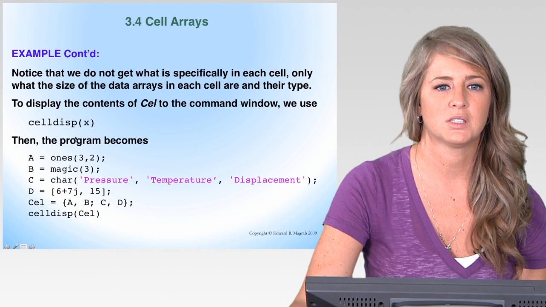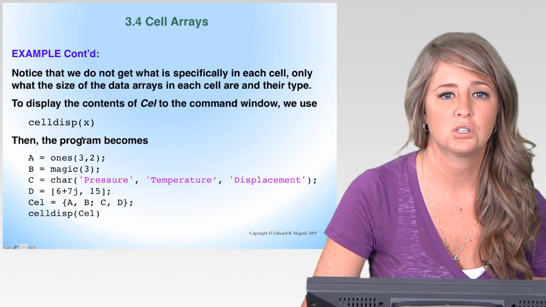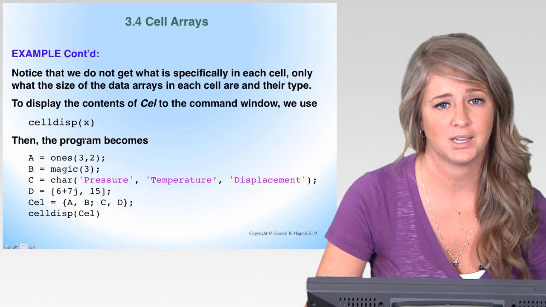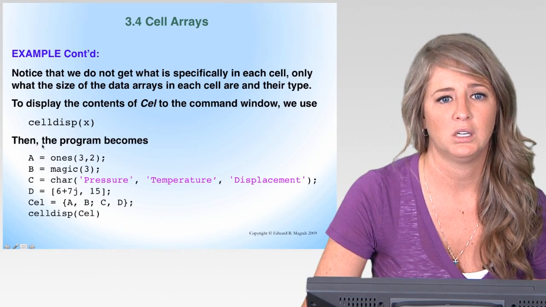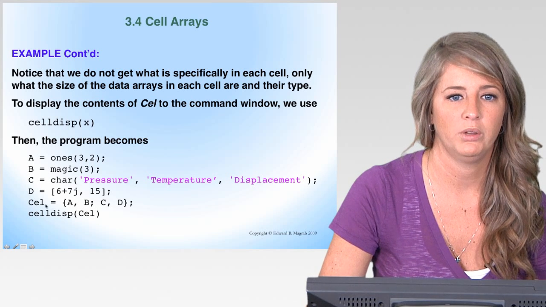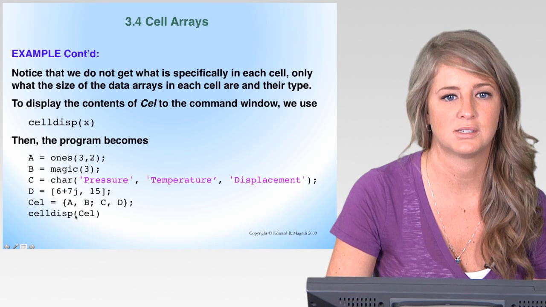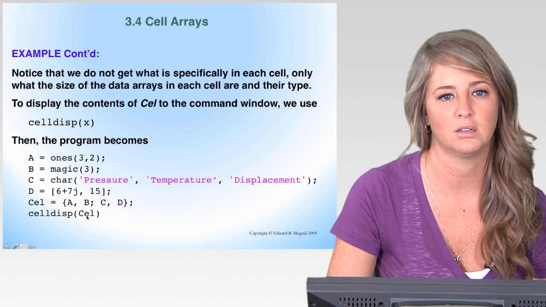If we wanted to display specifically what is in each of those cells, and not just the size or the data type, then we could use this cell display function here. So now we've created cell. Again, we've got the curly brackets, but this time we're using the cell display of cell.